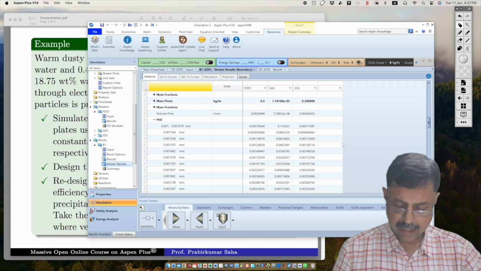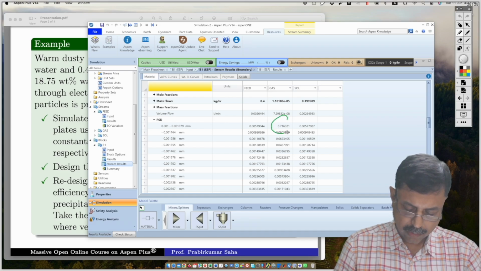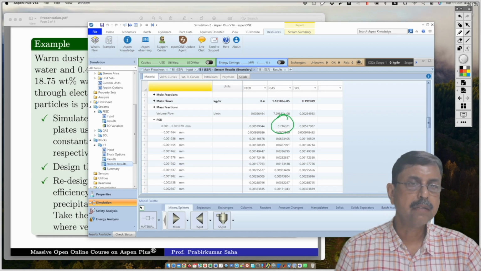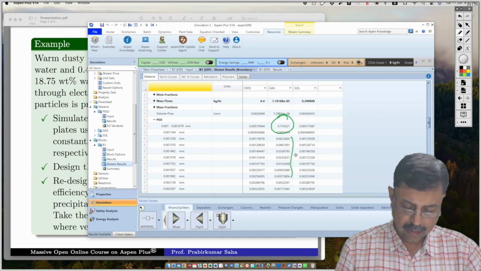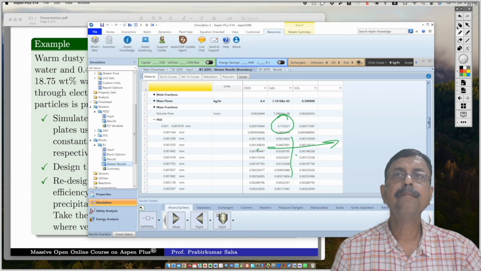And only very fine particles are going to the gas stream. Otherwise, everything is going to the solid stream.